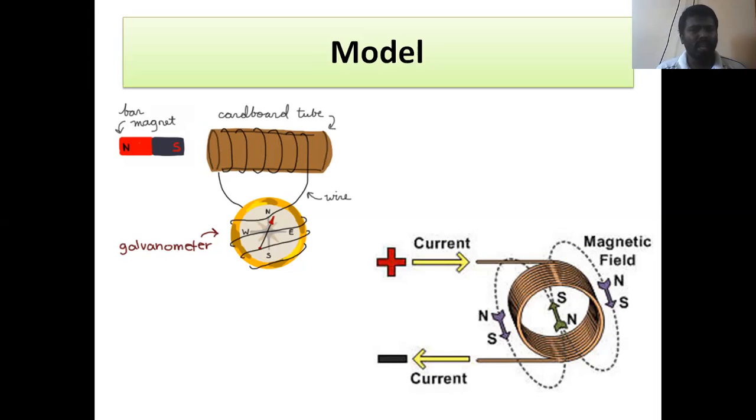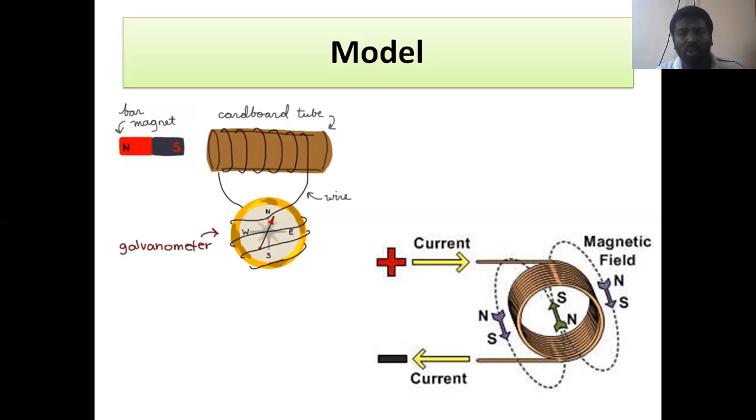Here in the model we can see that the coil is wound on a cardboard tube, and then connected to the galvanometer. If we pass the magnet through the cardboard tube with the copper coil, we can see the deflection of the galvanometer and the current.